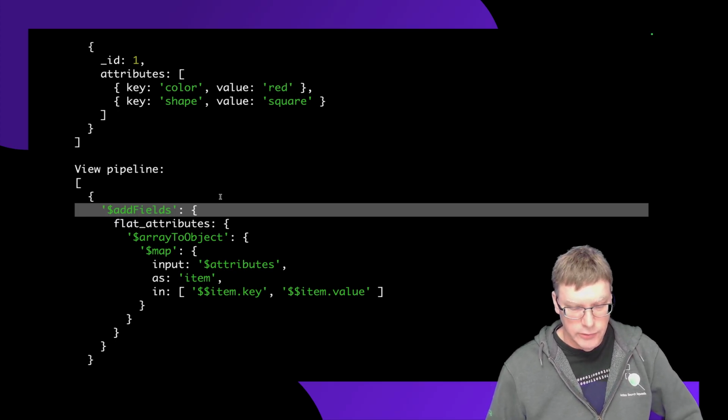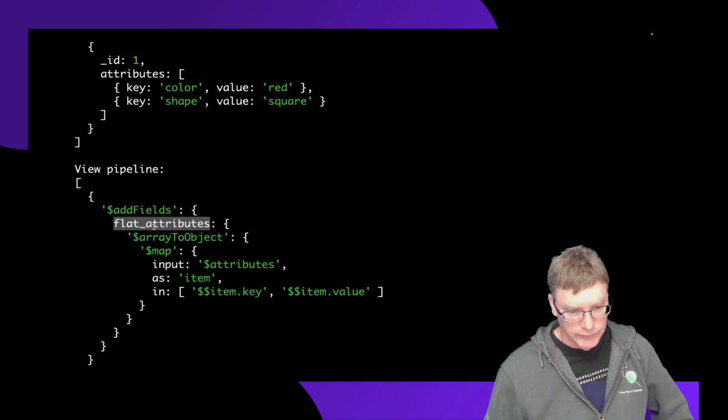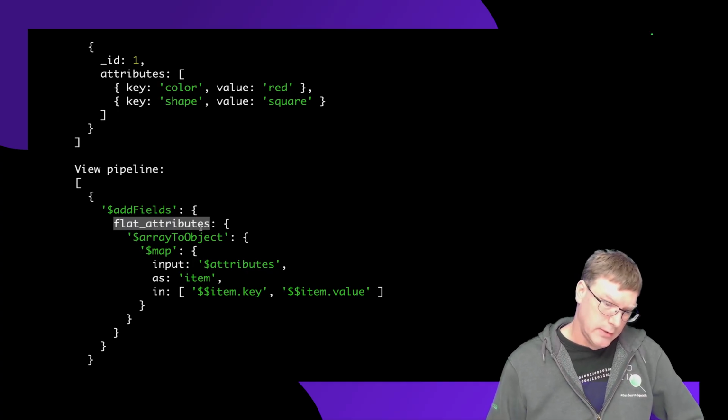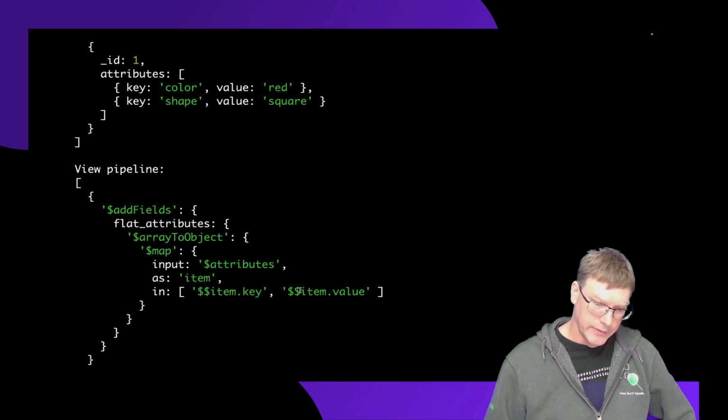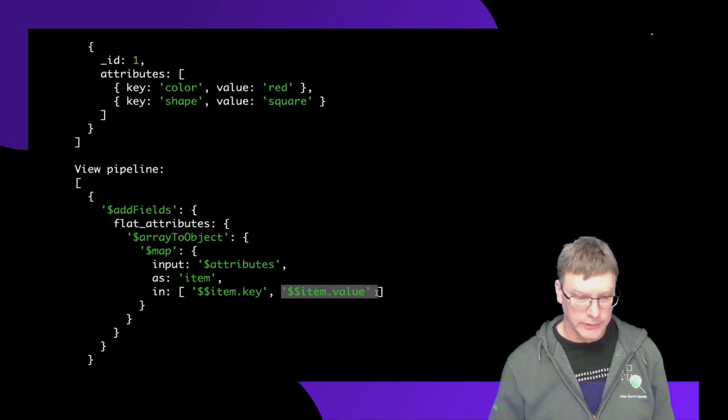We create a new field called flat attributes, mapping the original attributes. We pull out the key and make it a field name, and we pull out the value and make it the value of that field itself.